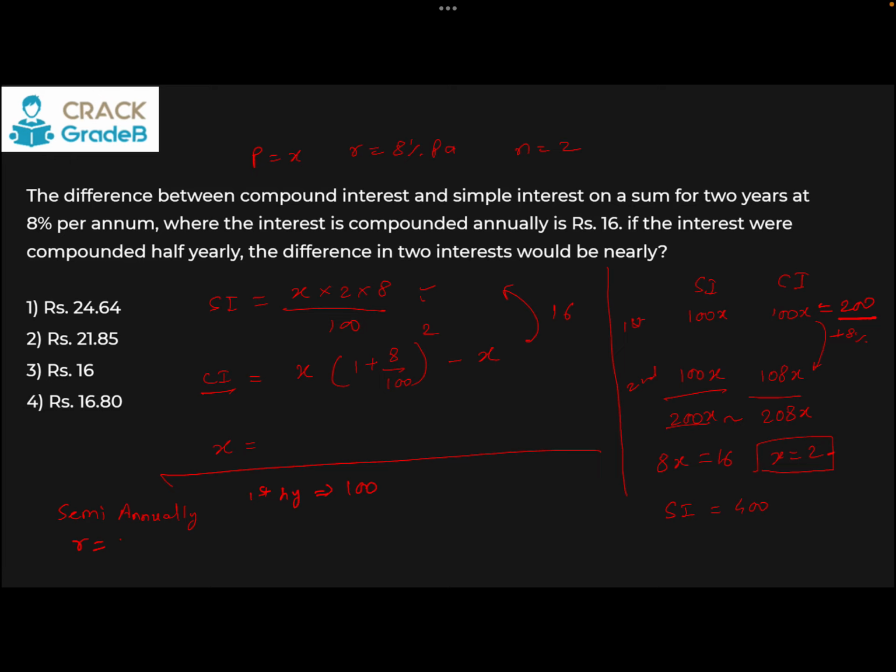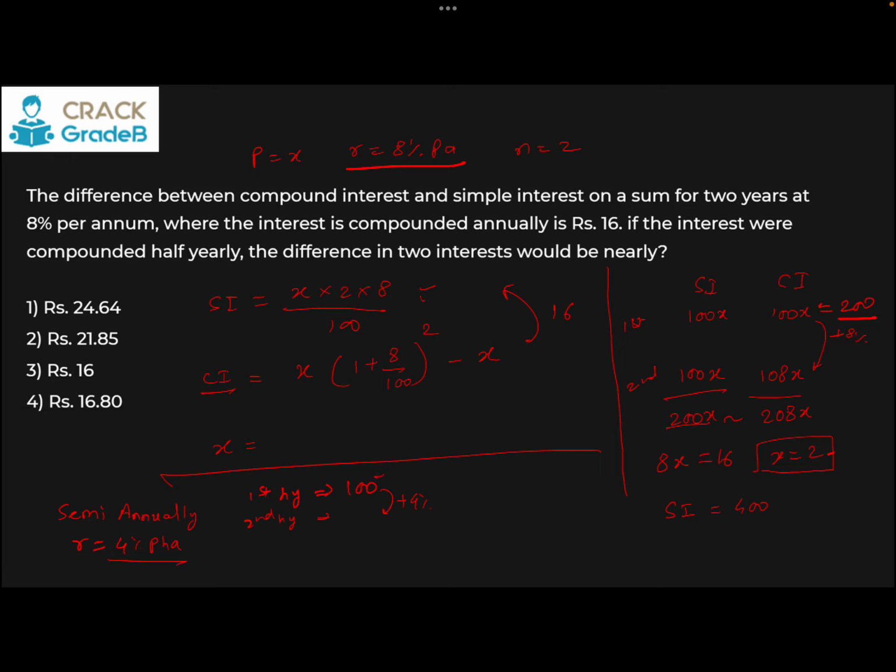And the rate of interest we'll have to consider now as 4% per half annum or per cycle, because 8% is for the entire year, 8% per annum. So if we are getting 100 rupees for the first half year, then for the second half year we'll have 4% more, because the rate of interest is 4% per half annum.